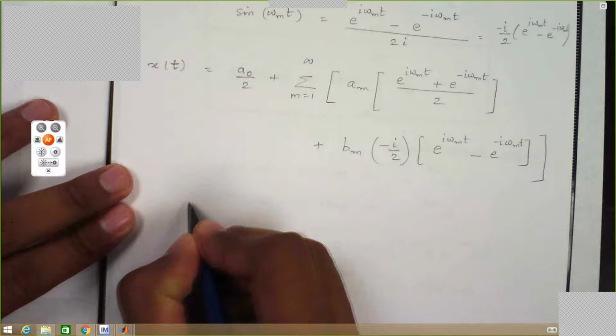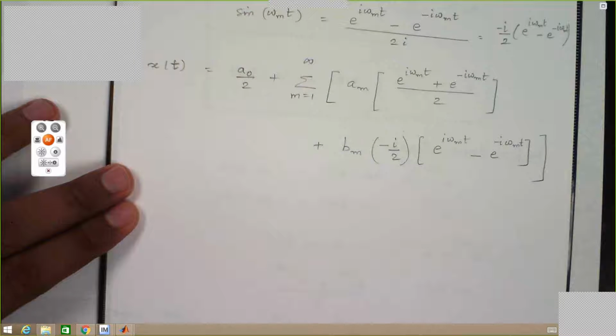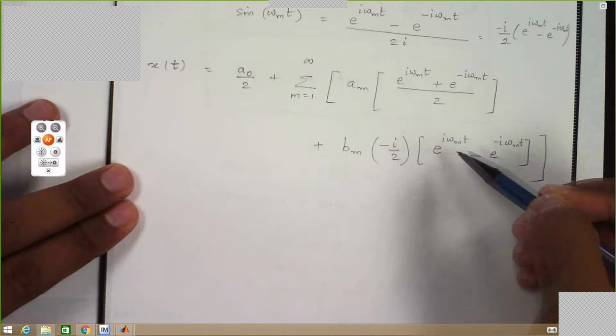And now we will collect coefficients of e to the power i omega m t. So we have two terms here.